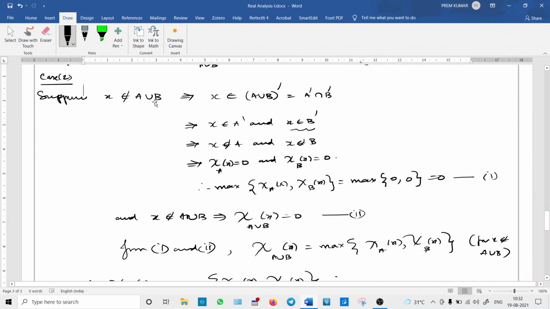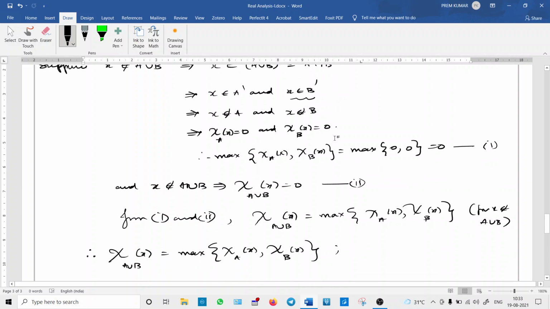Now if x does not belong to A union B, then it belongs to the complement, and this is De Morgan's law. You studied this in the last topic, operations on sets. Intersection means it is belonging to both A dash and B dash. Then you understood this step.